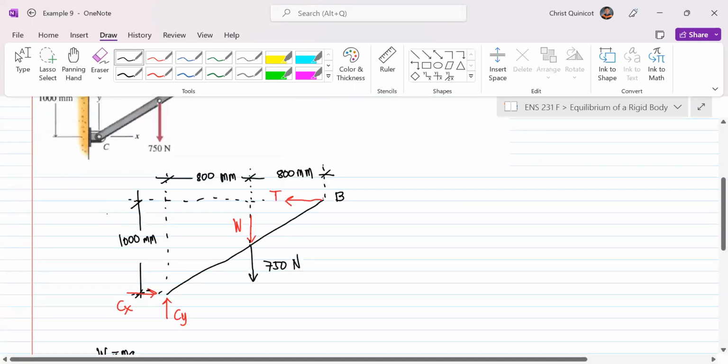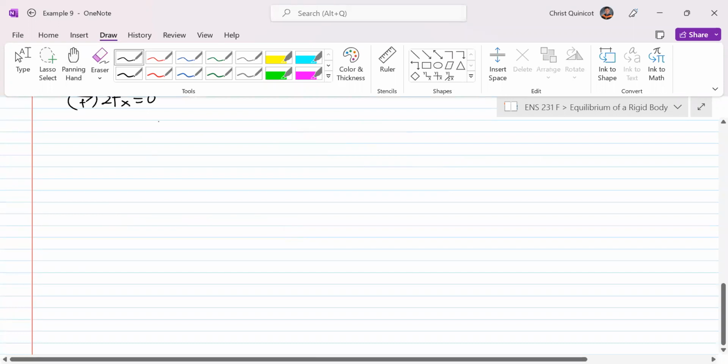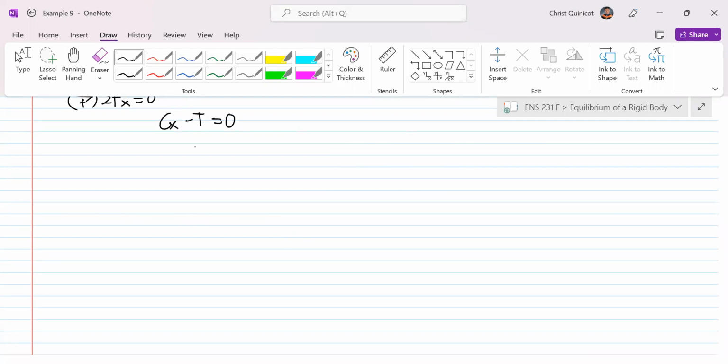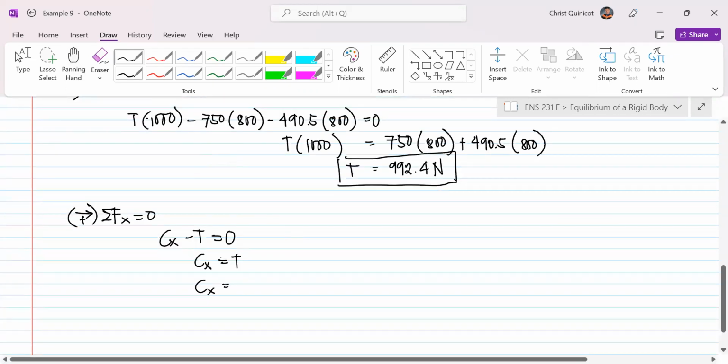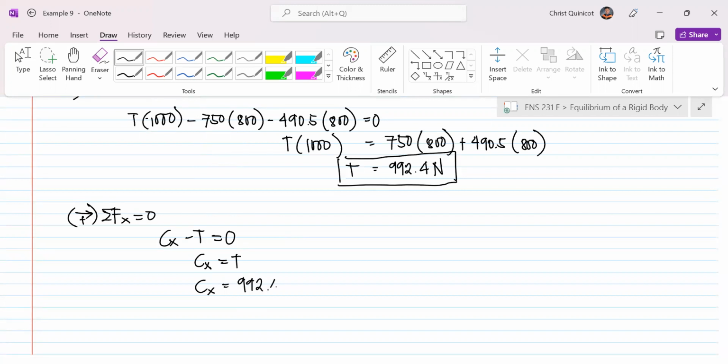Then this should give us C sub x minus T is equal to 0. So C sub x is equal to T, whatever value we got for T, and that is 992.4 Newton.